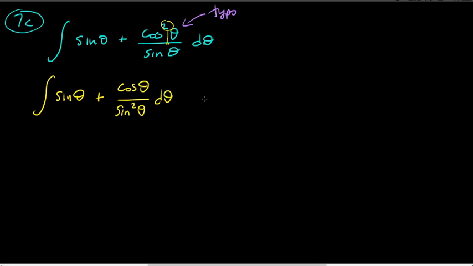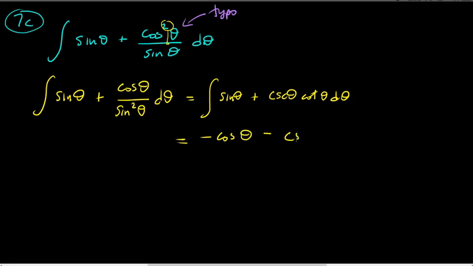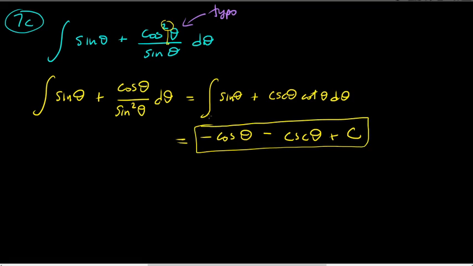Right, so that's the problem I intended to give, which I think would have been reasonable because you know how to do sine, and then this was supposed to be cosecant times cotangent, which of course, you can look up. So this is negative cosine and then minus cosecant plus c. Oh, a few of you forgot the c's. Right, so that's what the problem was supposed to be.